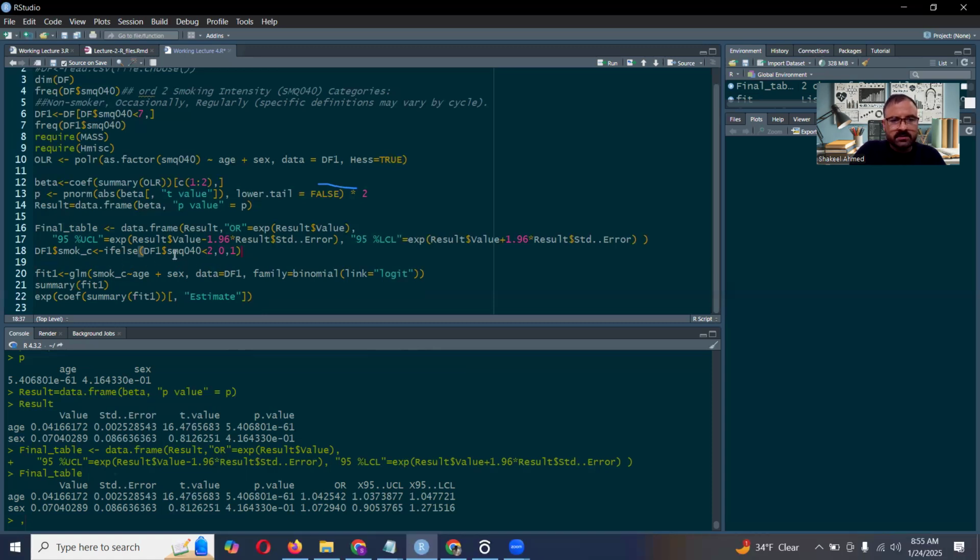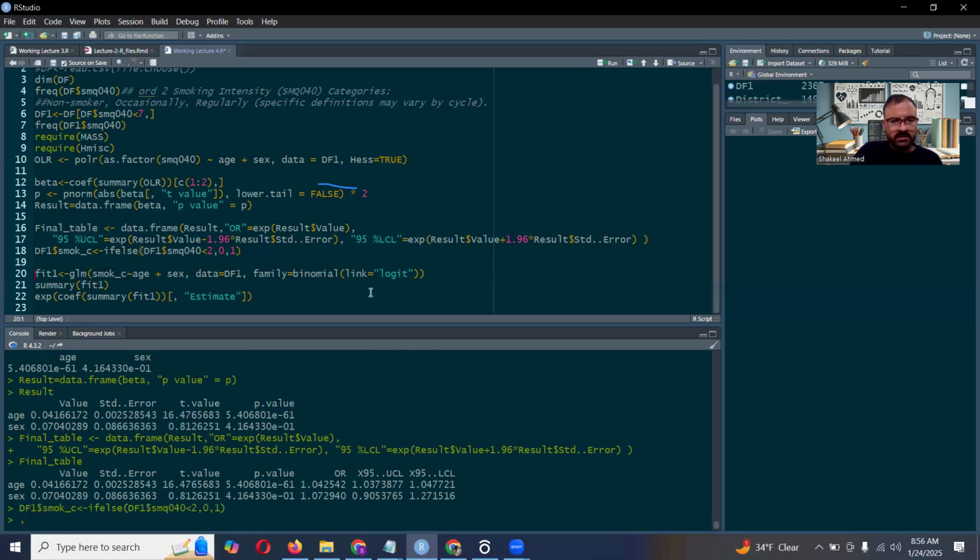I am keeping 1 in category 0, and 2 and 3 in category 1. So let's see the odds of falling in category 2 or 3 versus 1. So basically we are assuming nominal categories.